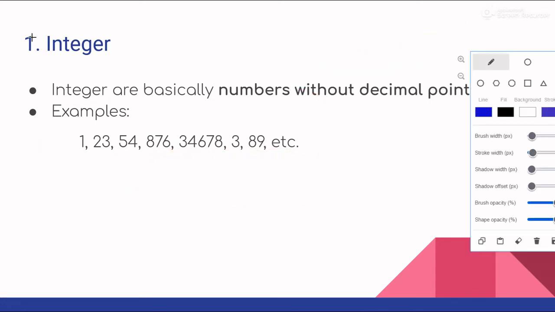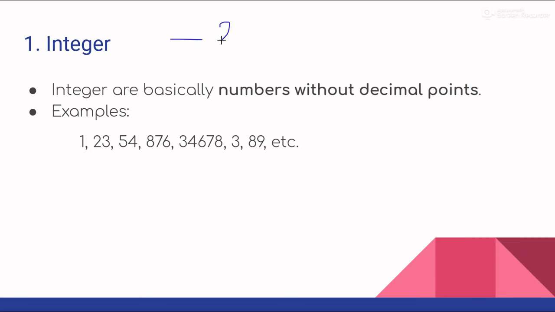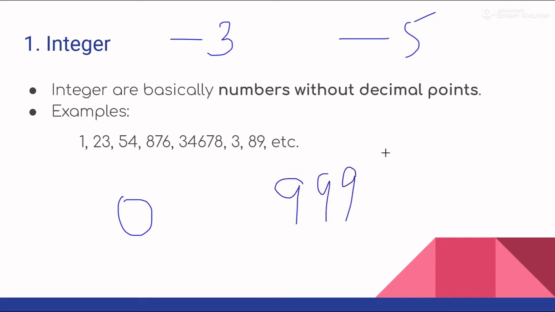Even it can be some negative numbers like -3, -5, or it can be 0, or it can be any positive number like 999, etc. Any number that doesn't have a decimal point comes under integer. And what about this number 5.9, let's say? No, this will not be an integer because it has a decimal point.